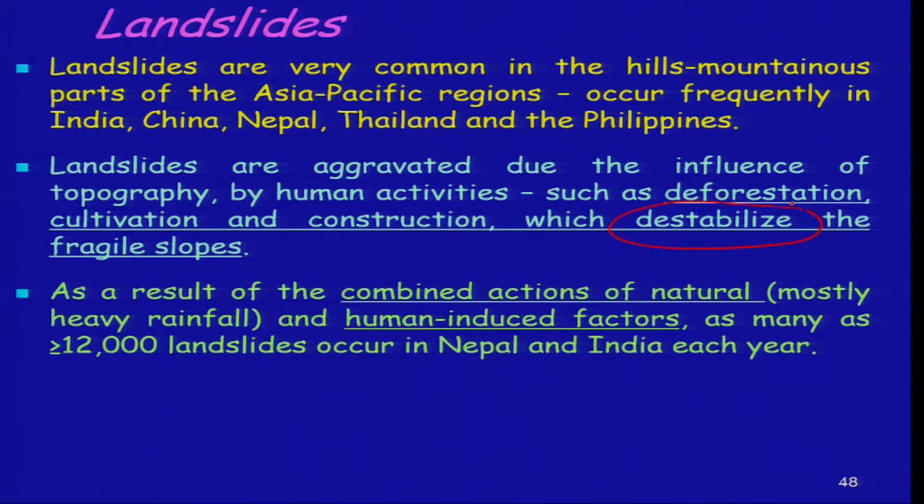As a result, considering the combined effect of natural and human induced factors, more than 12,000 landslides occur in India and Nepal every year.